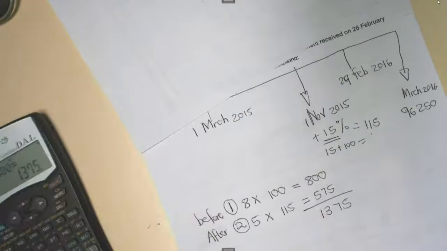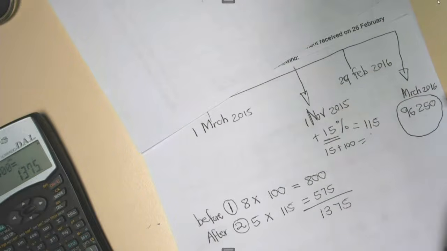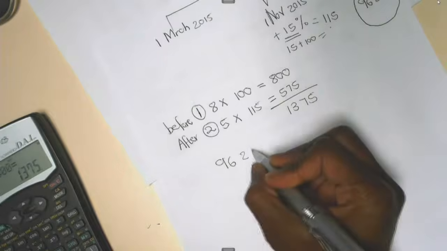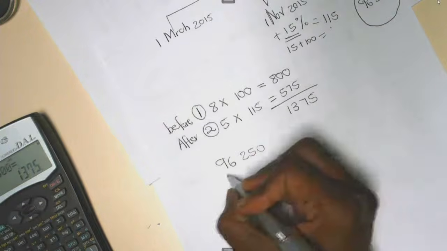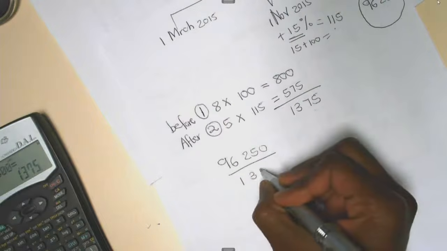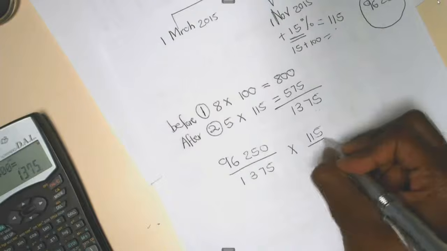Now go back to what the rent in total was. The rent in total was the 96,250. So we take the 96,250, we divide it with this 1375. We multiply it with 115.